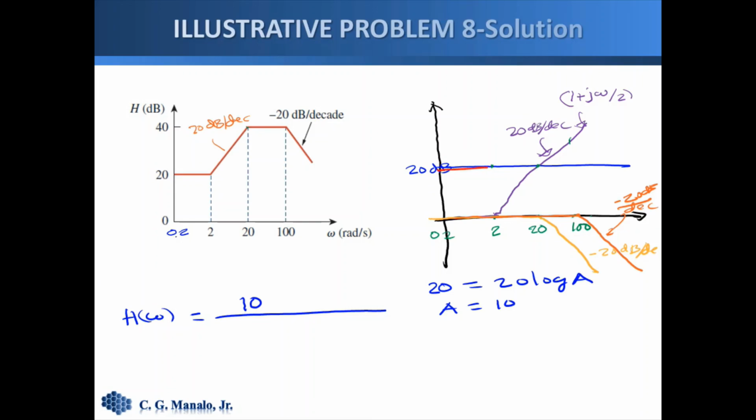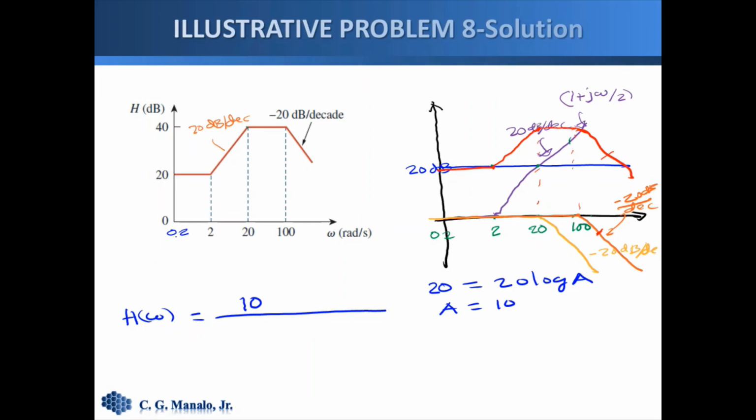From here, the plot will go here, and then it will rise with a slope of 20 dB per decade. Then upon reaching 20 radians per second, it will go flat, and then upon reaching 100, it will have a negative slope of negative 20 dB per decade, so the slope here follows this slope.